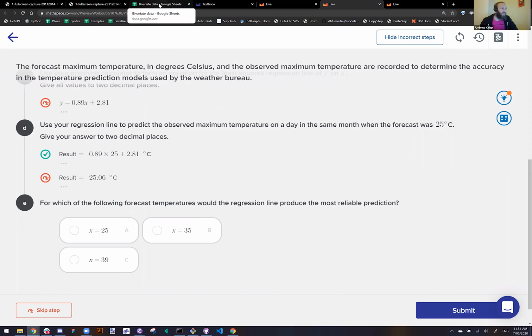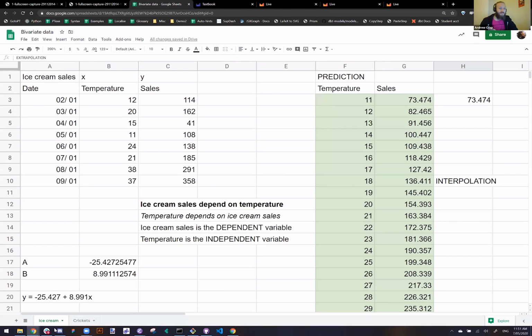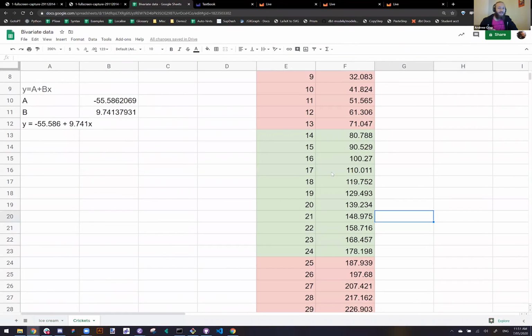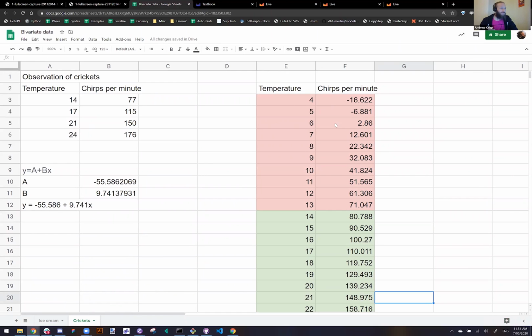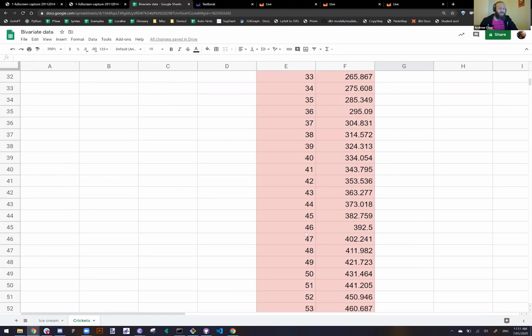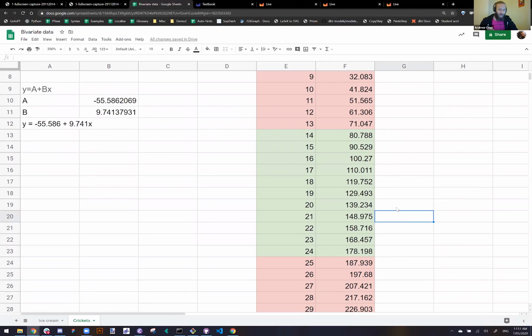Once again, I'll refer you to the chirping crickets, where they certainly aren't chirping when it's too cold, and they're definitely not chirping when it's too hot. Our prediction is always most accurate when it is an interpolation. And we tell that by seeing whether or not the x value lies between the original values in the data set.